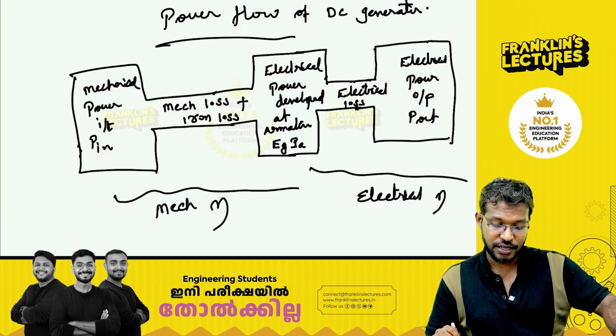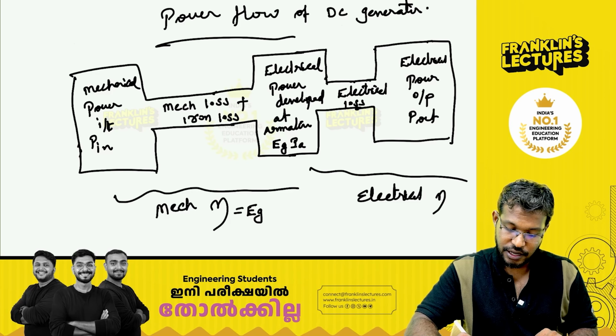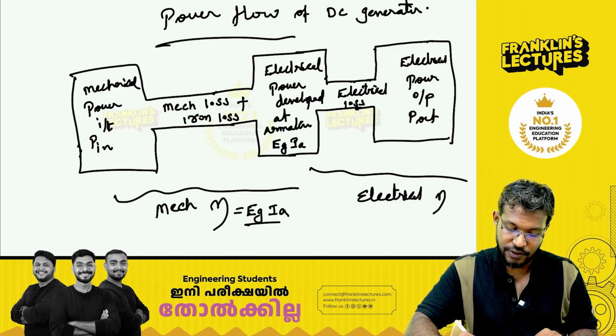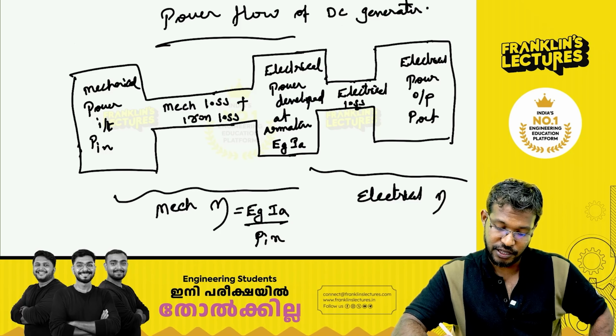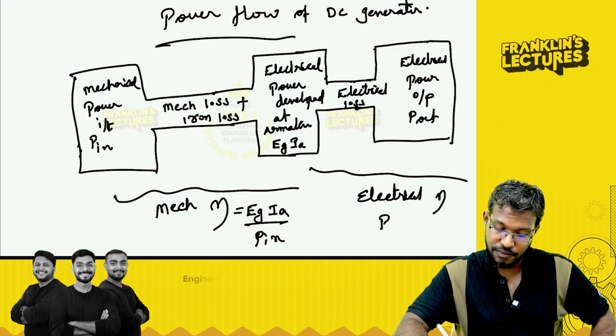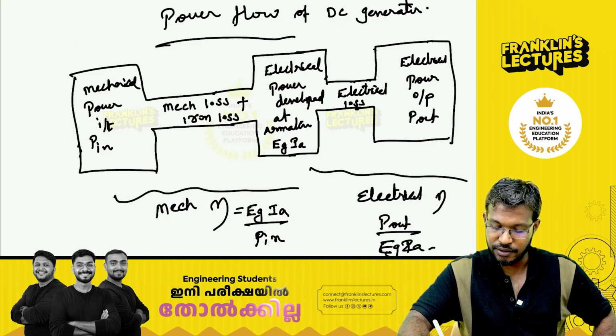Mechanical efficiency is electrical power developed EG into IA divided by P in. Electrical efficiency is P out divided by EG IA.